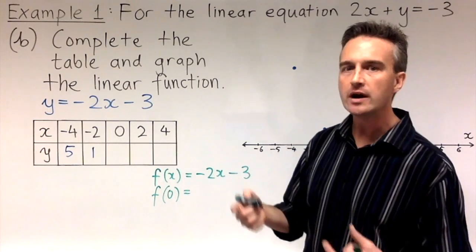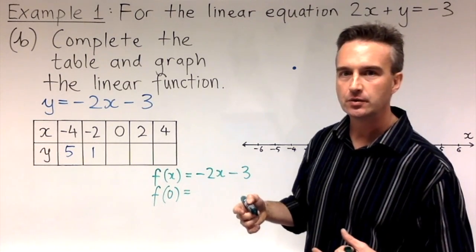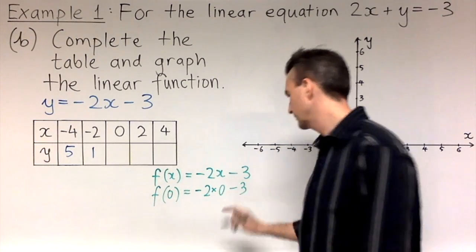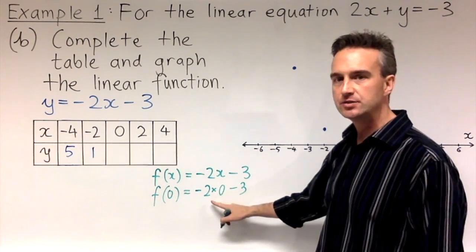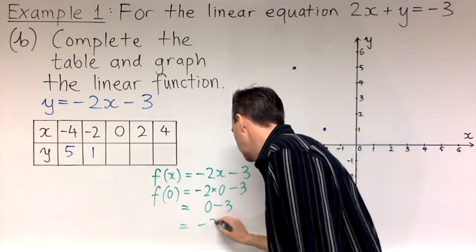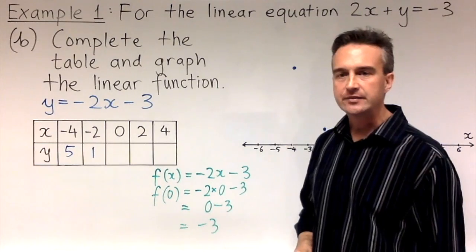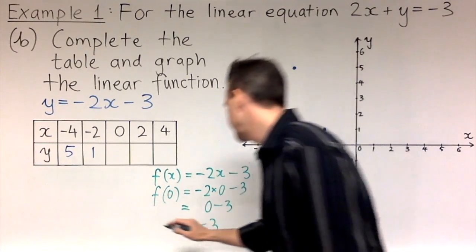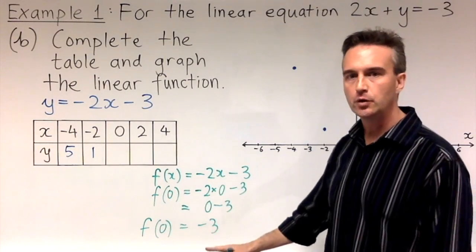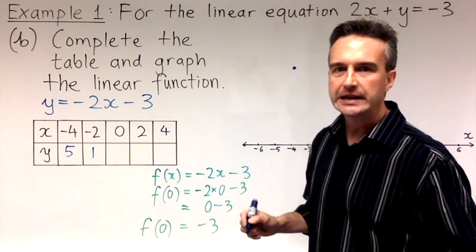That means the y value when x is 0, which is going to be, simplifying this, negative 2 times 0, giving us negative 3. And in the end we can say f of 0 equals negative 3. Let's put that in our table.